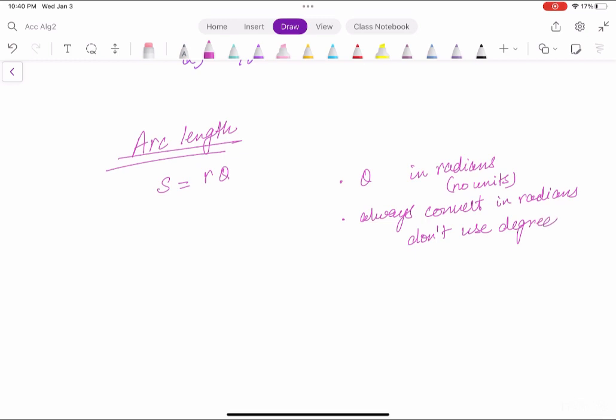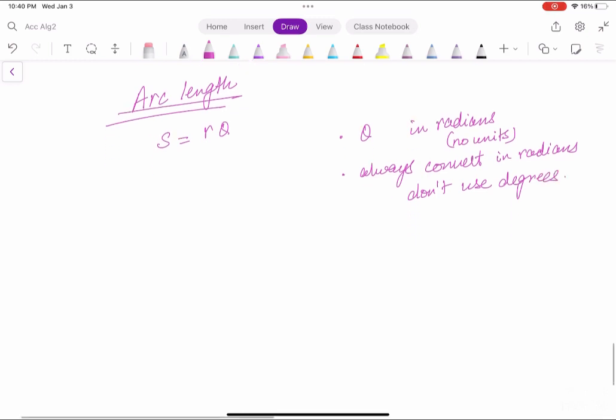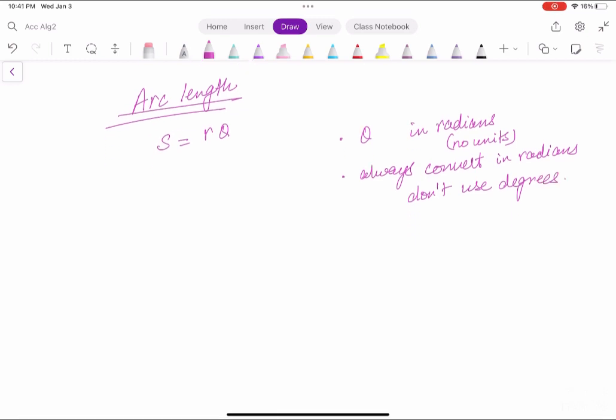Never use degrees for theta. When you have done arc length in geometry, they use degrees, and that's why they convert it into radians. In this case, we are just considering the angle in terms of radians.